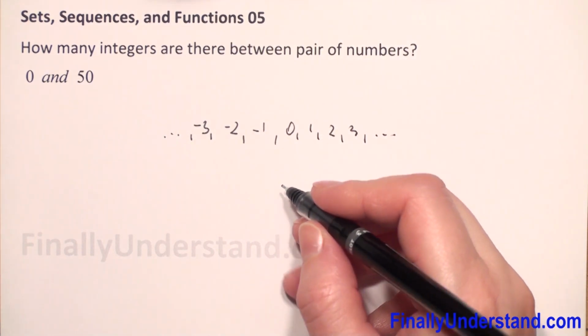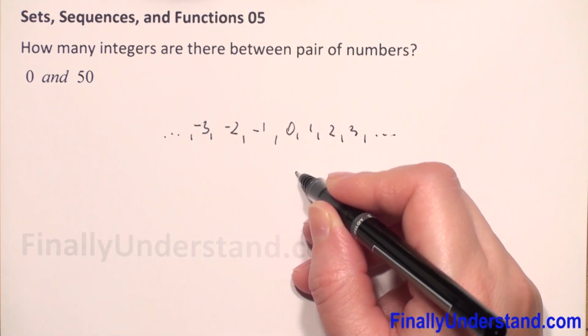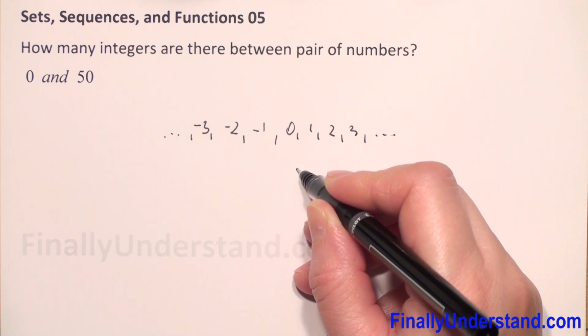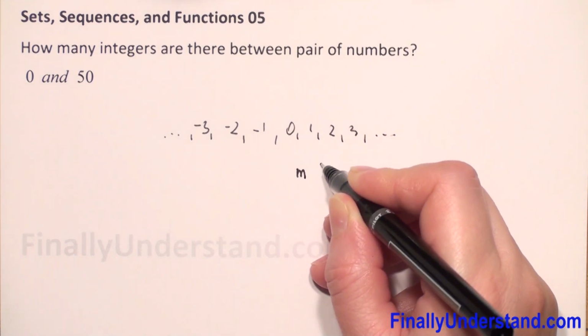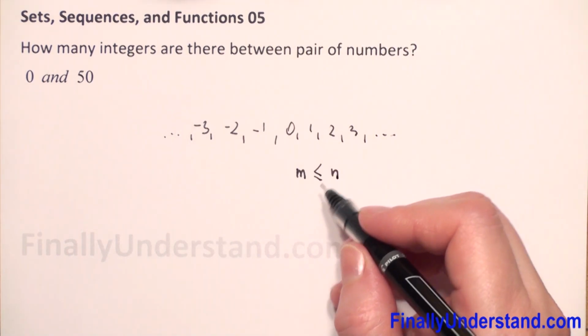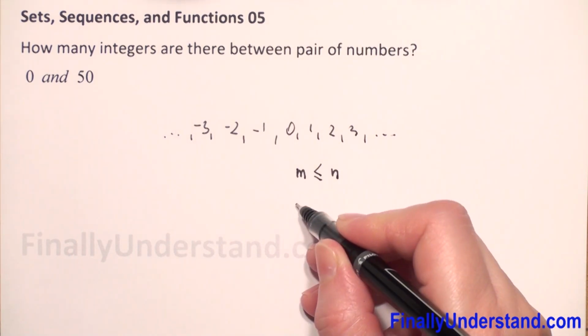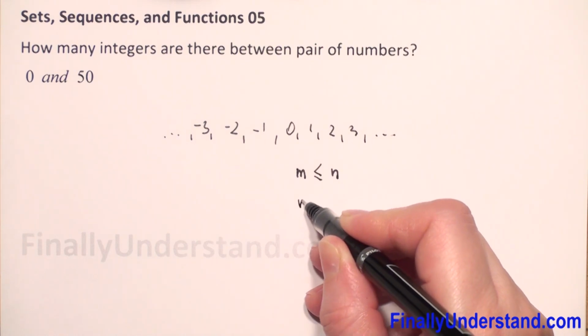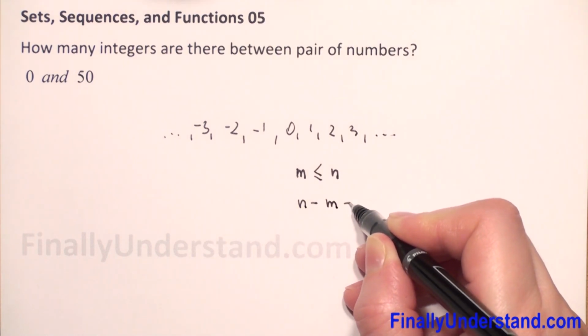We just use a formula when we have to find how many integers we have between m and n, where m is less than or equal to n. We subtract the smallest number from the largest, and we add 1.